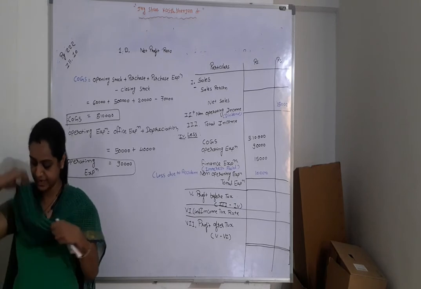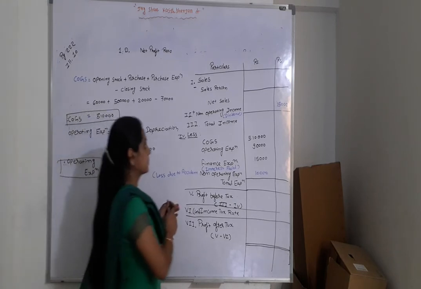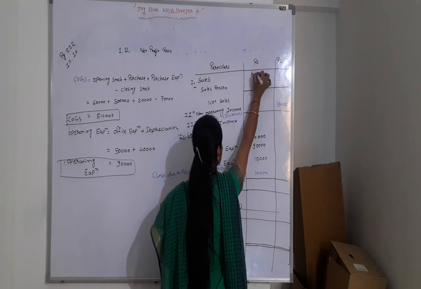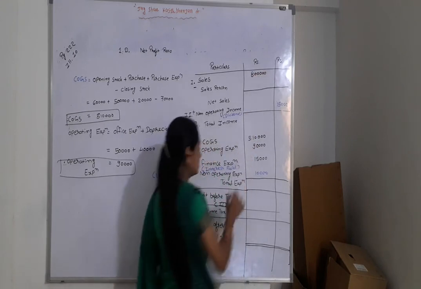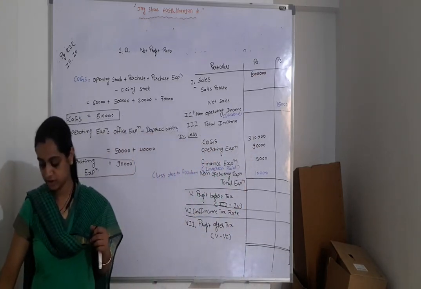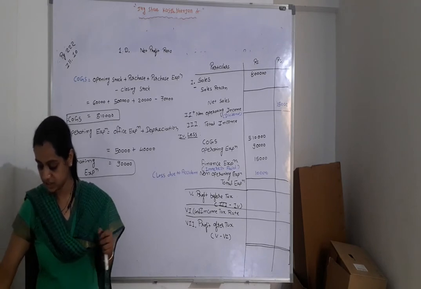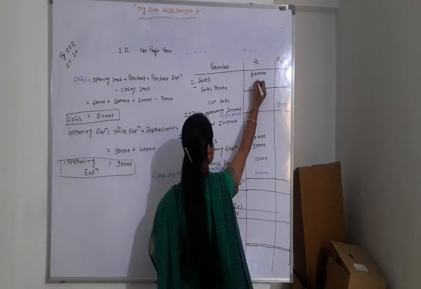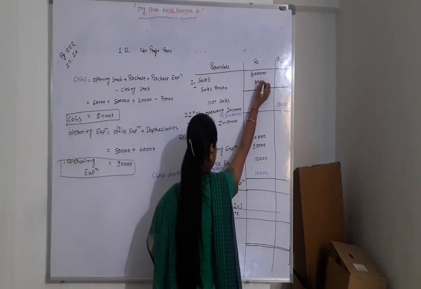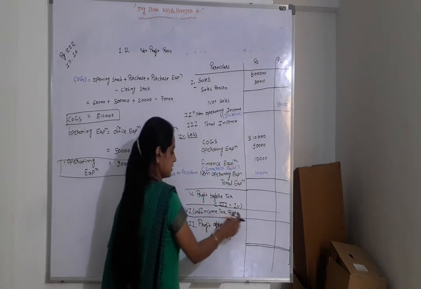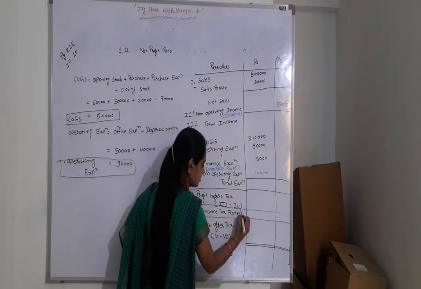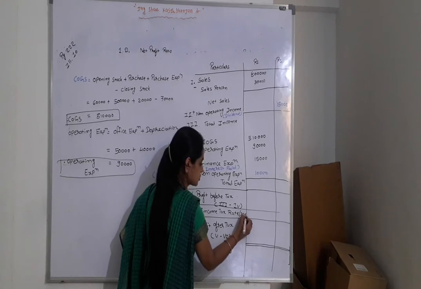Then sales 8 lakh. Then closing stock, we have already applied that. Sales return 30,000. And income tax rate, that is 30%.